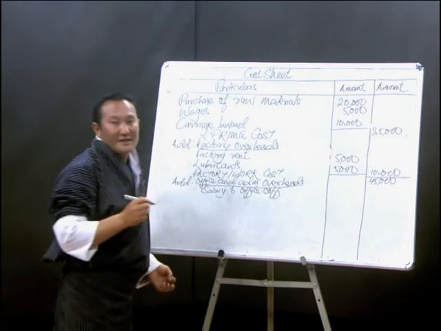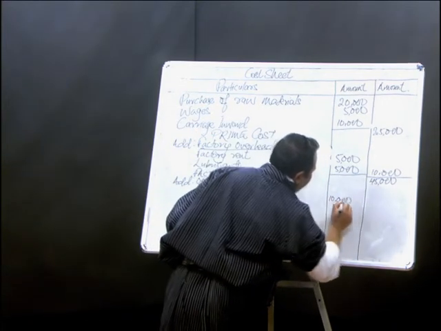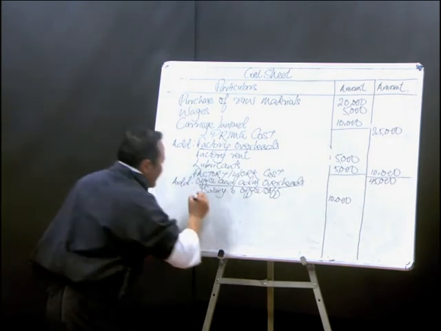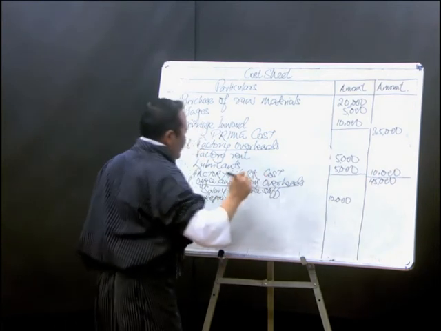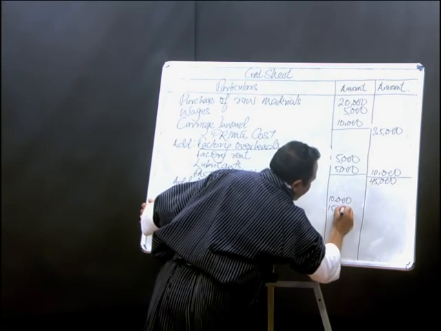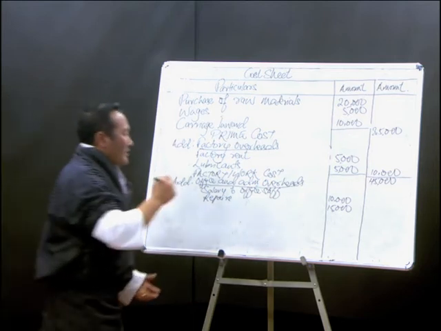Salaries to office staff are 10,000, and repairs of office building are 15,000.